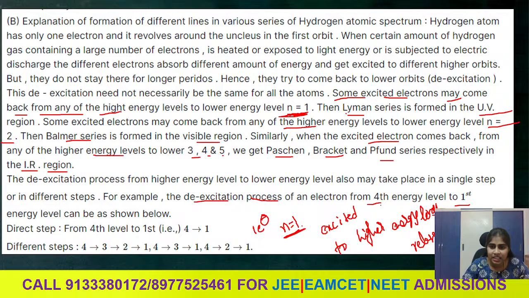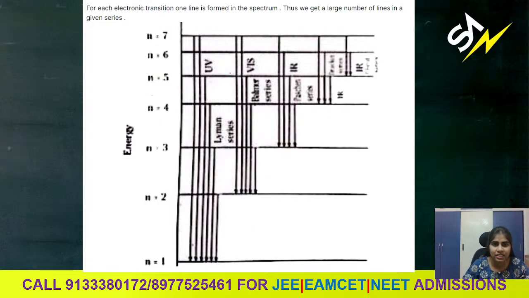This de-excitation may be in the form of a direct step, directly from 4 to 1, or it may be in different steps: 4 to 3, 3 to 2, 2 to 1, or 4 to 3 to 1, or 4 to 2 to 1. It means there are certain orbits through which this electron may travel, or it can travel in a direct step, like you can see in this figure.